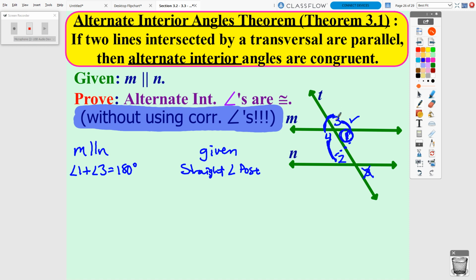All right? And then I'm going to keep working my way down the road here. So now 3 to 4. What was so special about 3 and 4? 3 and 4 were vertical angles. And by the vertical angles theorem, we know that vertical angles are equal to each other. And so I put a little check mark between 3 and 4.